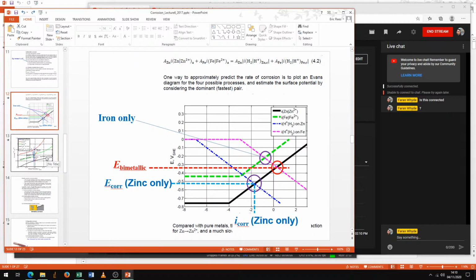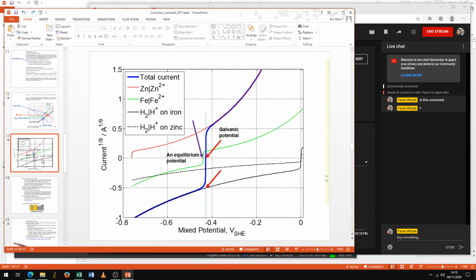The more exciting brute force way to solve this is that you say, okay, forget about the need to simplify so that you get a simple to solve nonlinear equation. Actually, there's no problem brute forcing this and asking what is the total current density travelling through this surface when you add up the complete Butler-Volmer equation for each of the 4 electrode reactions.